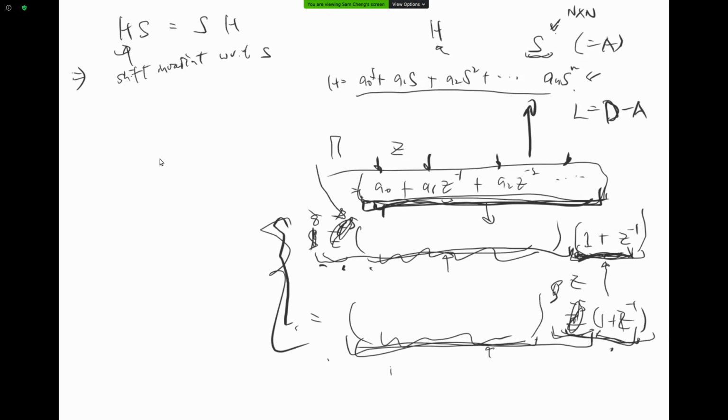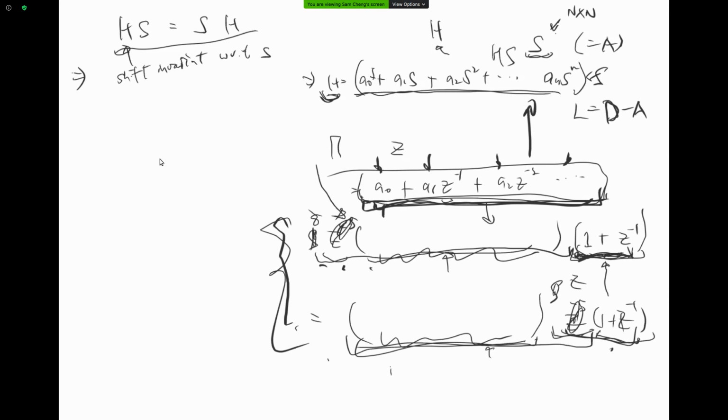So people are thinking, okay, does it have a similar property here? So if I can write down the filter as a polynomial of the shift operator, in the graph serial processing case, then apparently I have HS equal to SH, right? Because then I can just multiply S here, so I have HS, right?